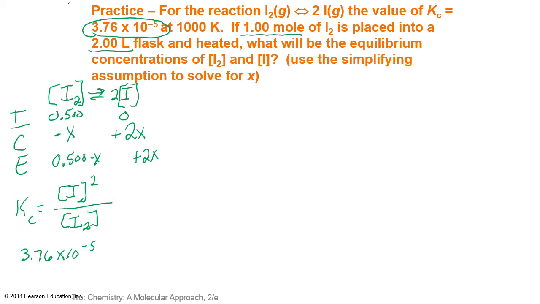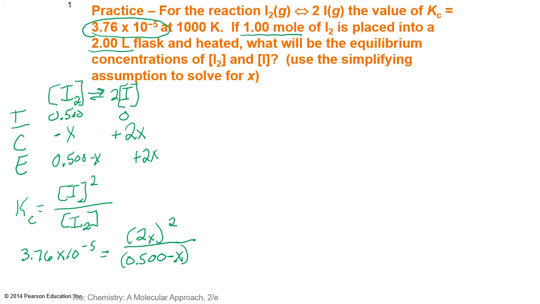Our initial concentration for the I2 is pretty large, which means that we can make the assumption that the minus x part of the problem is small.